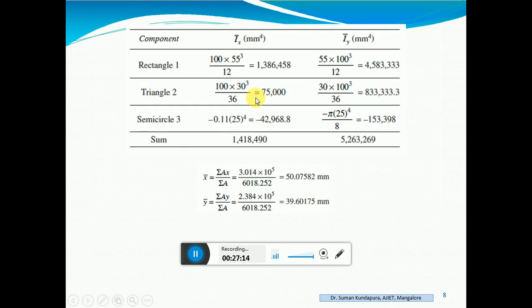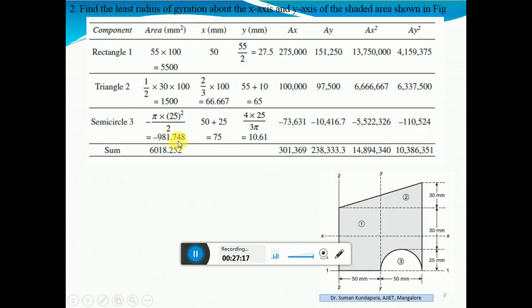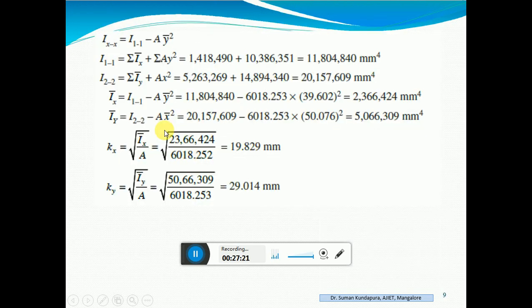Area we have found out in the figure in the tabular column is 6018. So you substitute that value, minus sign here, which is this value I11 which we found out over here.